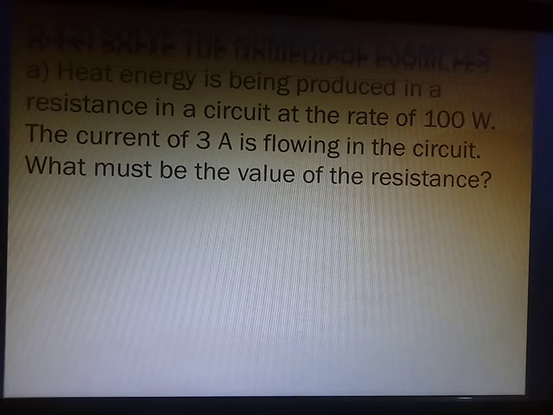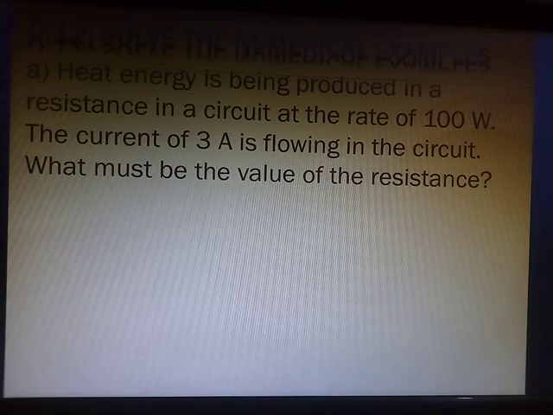I read the first sum. Heat energy is being produced in a resistance in a circuit at the rate of 100 watts. The current of 3 ampere is flowing in the circuit. What must be the value of the resistance?